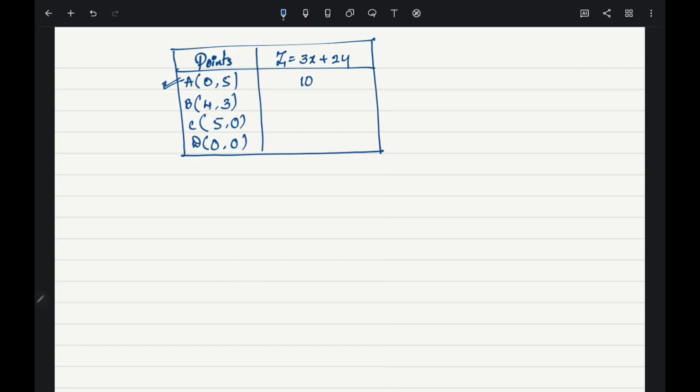Next, let's substitute the B point, that is 4, 3, in Z. We will be having 3 into 4, that is 12, plus we will be having 3 into 2, that is 6. So the total is 18. Next, we have the value of the objective function at point C, that is 15, and the value of the objective function at point D, that is 0.